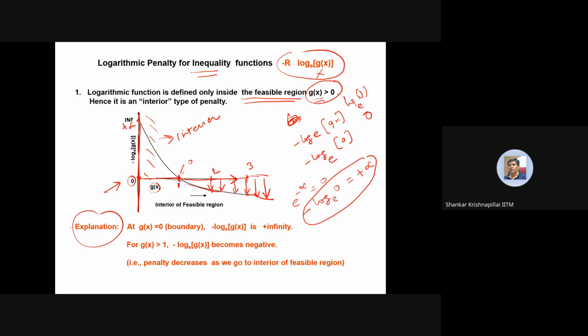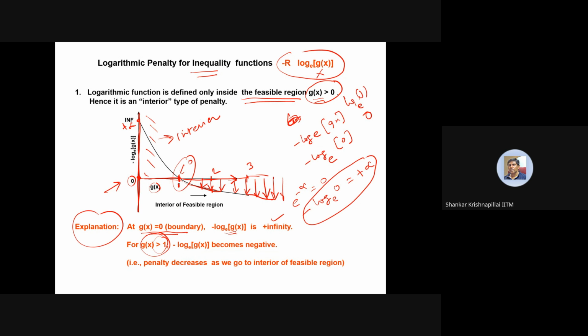So the explanation is given here. G of x is equal to 0, that is on the boundary of the feasible region. Minus log g of x to the base e becomes infinity. Then for g of x equal to 1, that is inside the feasible region, the log penalty becomes 0, and if it is greater than 1, the log penalty becomes even negative.